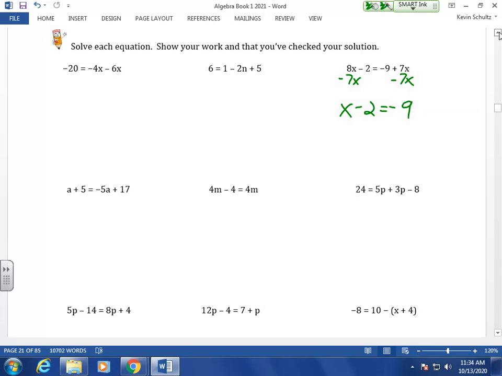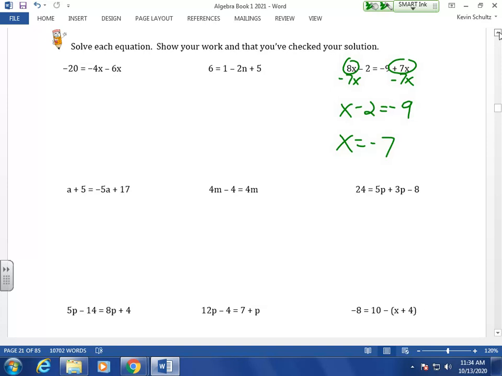You'll still get the same answer, but most folks prefer to keep that coefficient positive. And this actually works out well to where it's a one-step equation. Add 2 to both sides, and we get negative 7. And for those that are trying to wrap their head around that mental first step, compare 8x's to 7x's. The left side has 1 more, and that's why we have 1x minus 2 equals negative 9, 1 to 0.